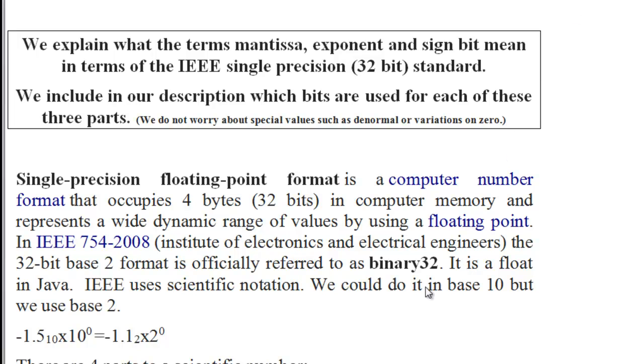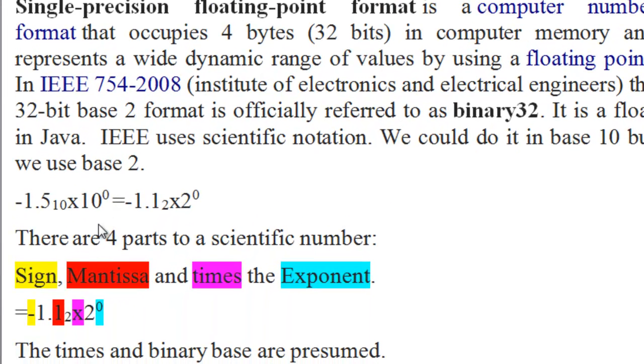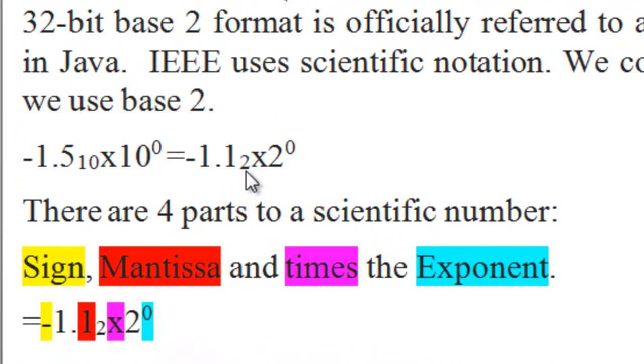Let's look at the number minus 1.5 base 10. Minus 1.5 times 10 to the 0 is equal to minus 1.1 binary times 2 to the 0, because the 0.1, the Bicimal point here, and the 1 here signifies 1 over 2, that is a half.